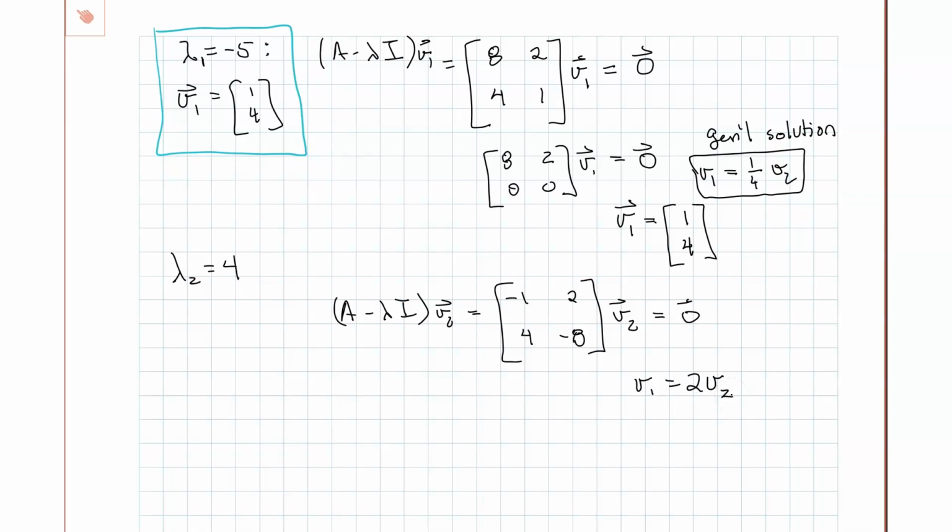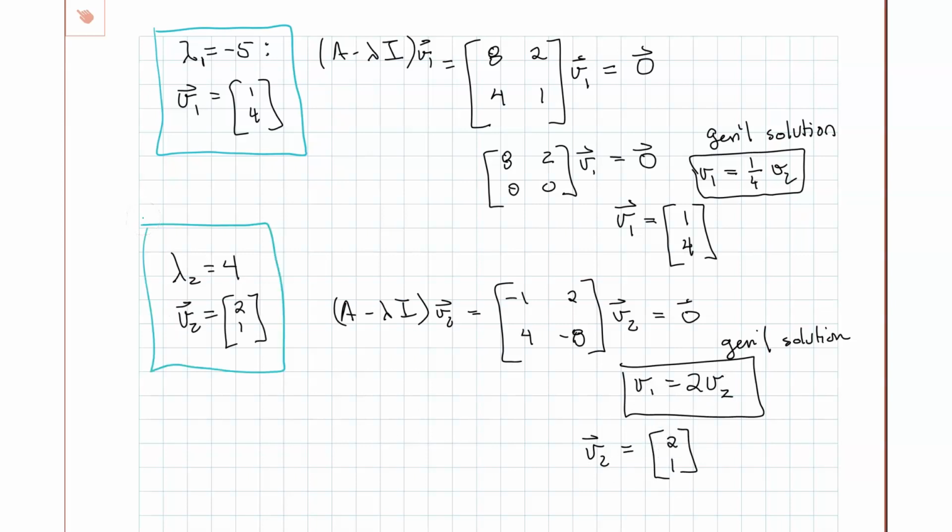And that's my general solution, but I only need one particular solution to write down as my eigenvector. In both of these cases, v2 is free, but I'm going to take any vector that points in that direction. So I'll pick v2 to be 1, and then v1 is 2. Now we have our 2 eigenpairs for this 2 by 2 matrix, so we can write down the diagonalization.